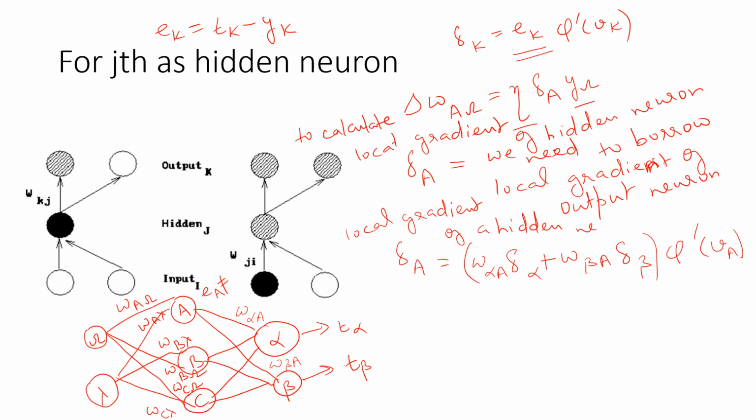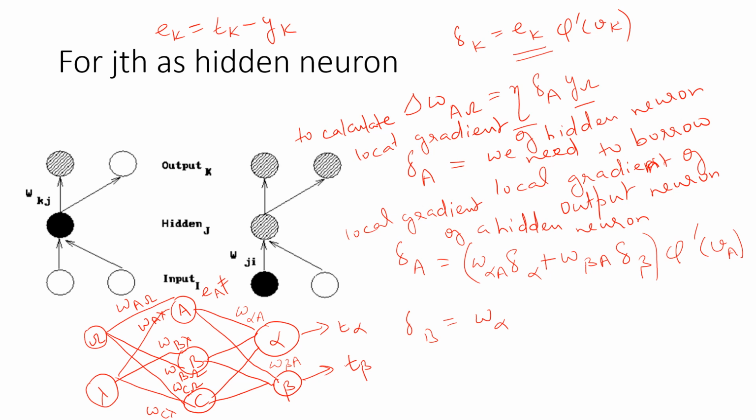Similarly, I can do the local gradient of B. B neuron is also connected with alpha and beta both.